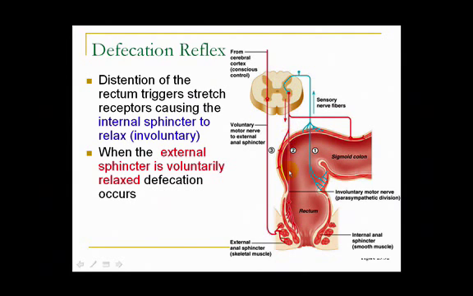The output comes back and it innervates the smooth muscle of the rectum, and it also controls, you have voluntary control over your external anal sphincter.